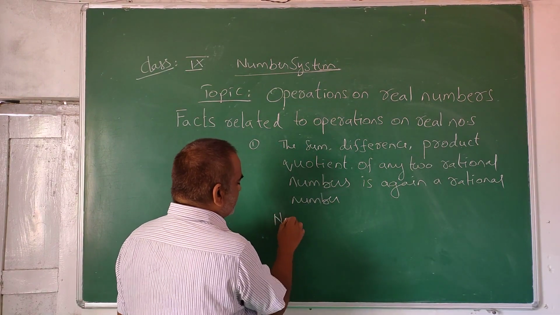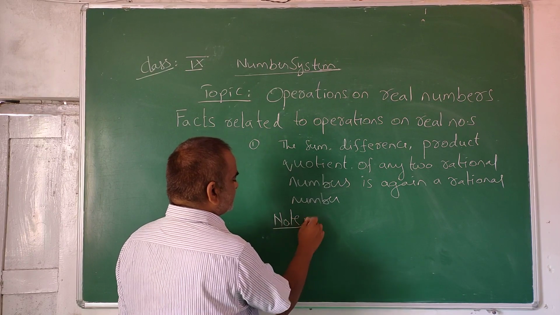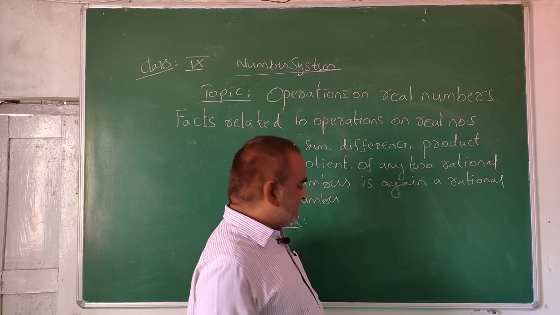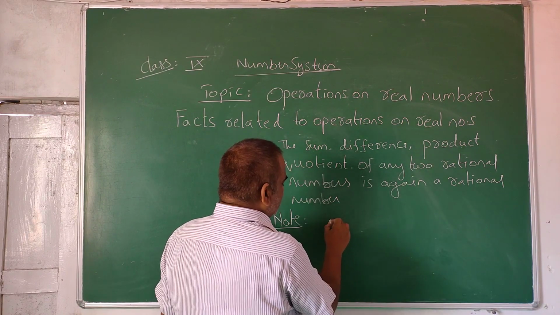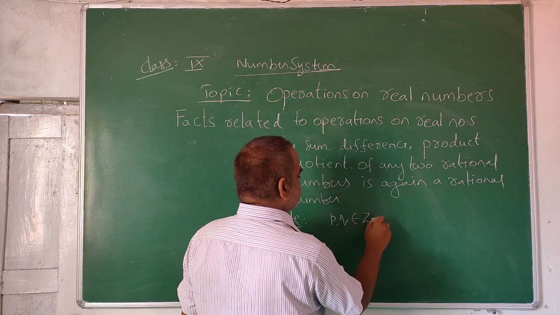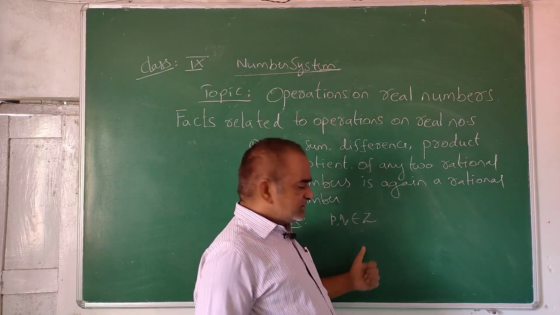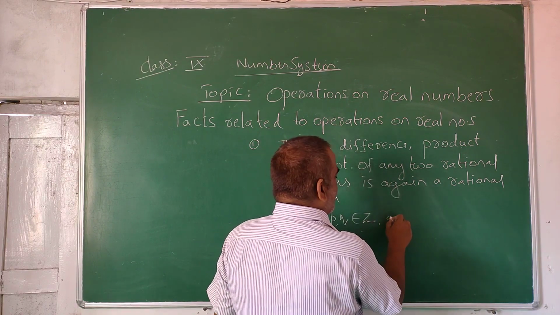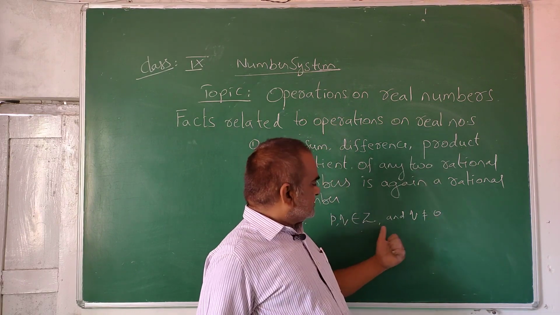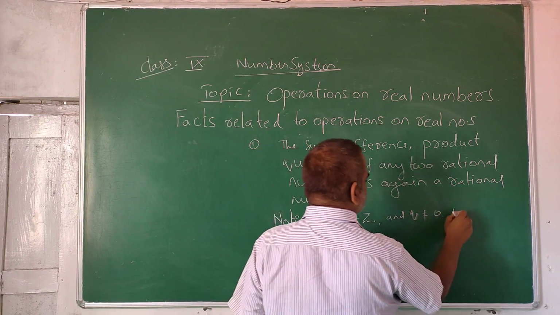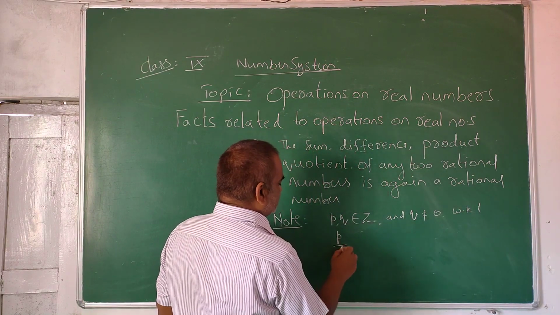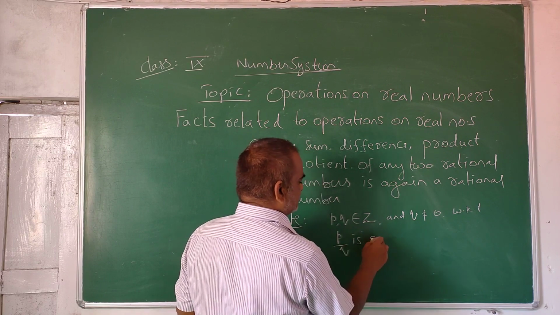Here, a small note you have to take separately: if p, q belong to Z and q is not equal to 0, we know that p by q is a rational number. We know already this.